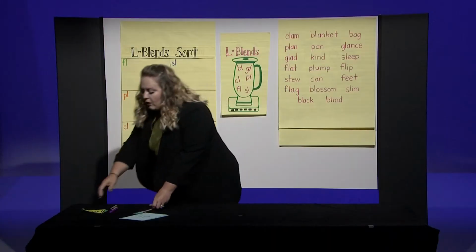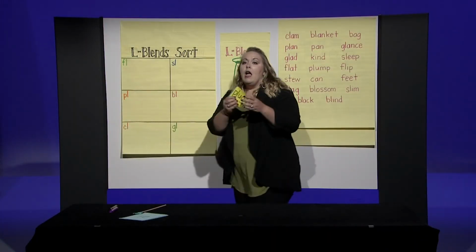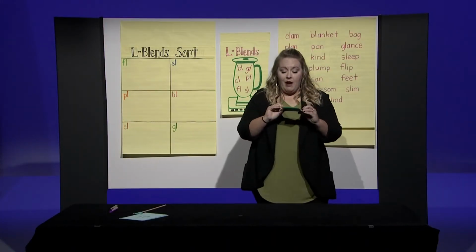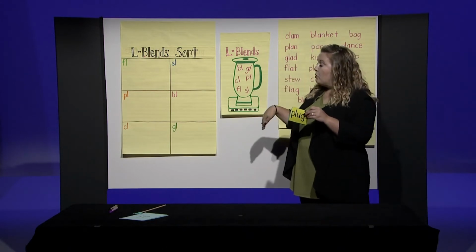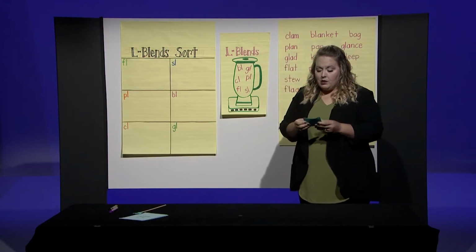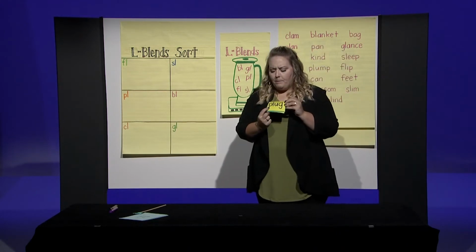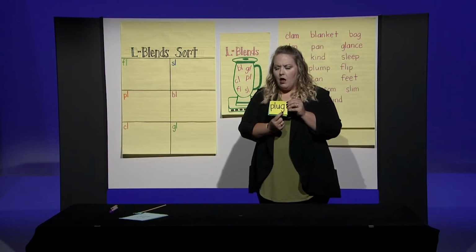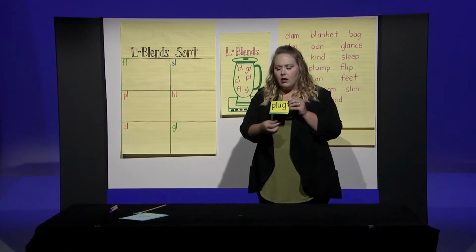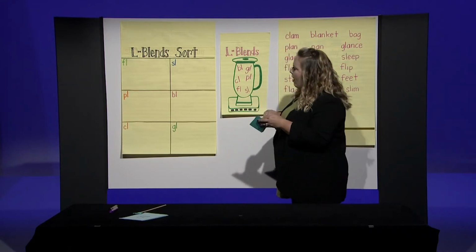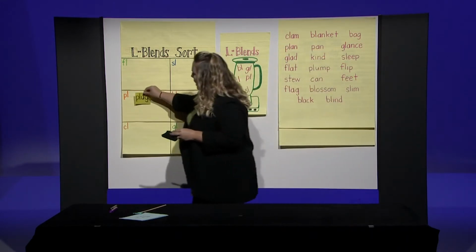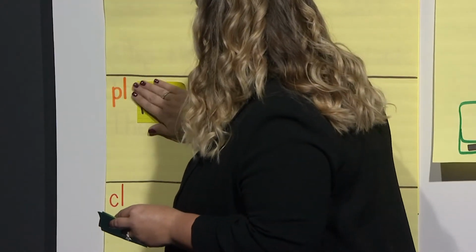Okay, so now we're going to look at these words. We're going to read the word, and then after we read the word, we're going to sort it by our blend, okay? So here's our first word. What is this word, boys and girls? P-L-U-G. Plug. So where does plug go? Plug is going to go here with our PL blends.